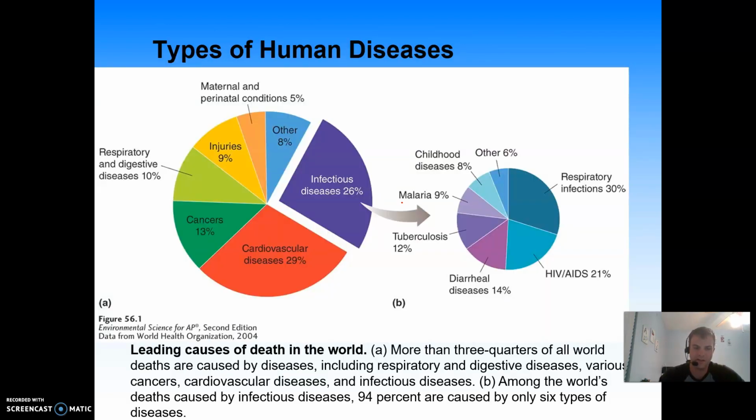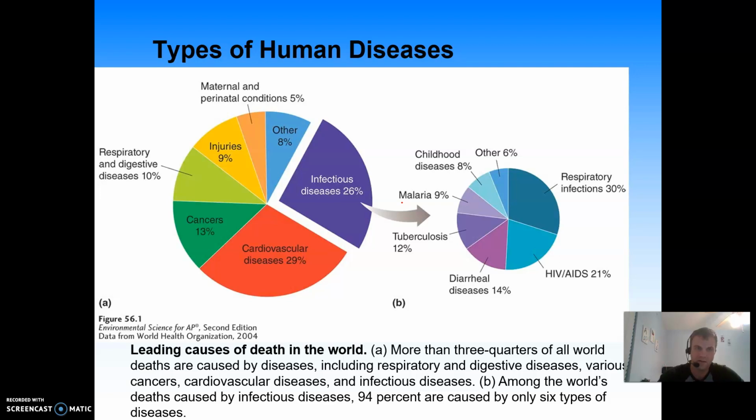If we look at the leading causes of death in the world, more than 3/4 of all world deaths are caused by diseases, including respiratory and digestive diseases, various cancers, cardiovascular diseases, and infectious diseases. Among the world's deaths caused by infectious diseases, 94% are caused by only 6 types of diseases. So you can see a breakdown of those there.